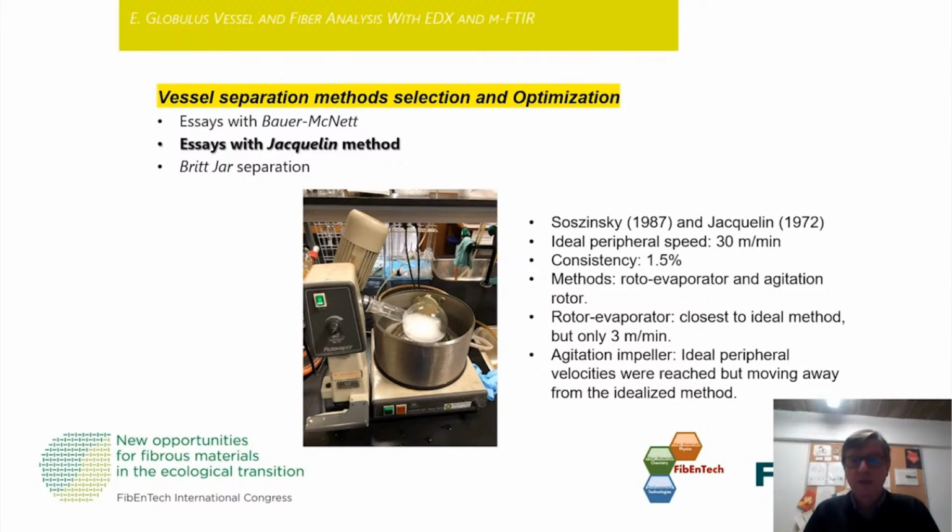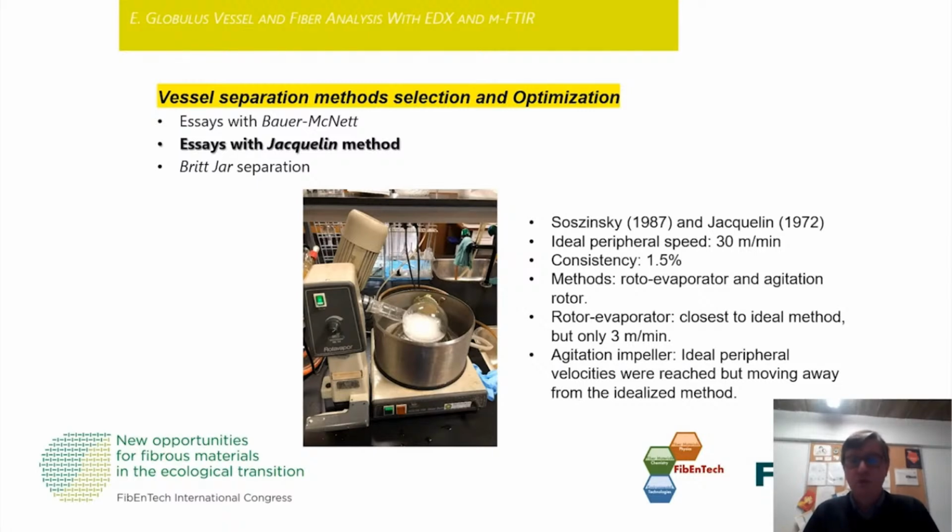The ideal peripheral speed for eucalyptus globulus, according to Sozinski and Jayme, is 30 meters per minute at a consistency of 1.5, with a method using a rotary evaporator and agitation rotor.